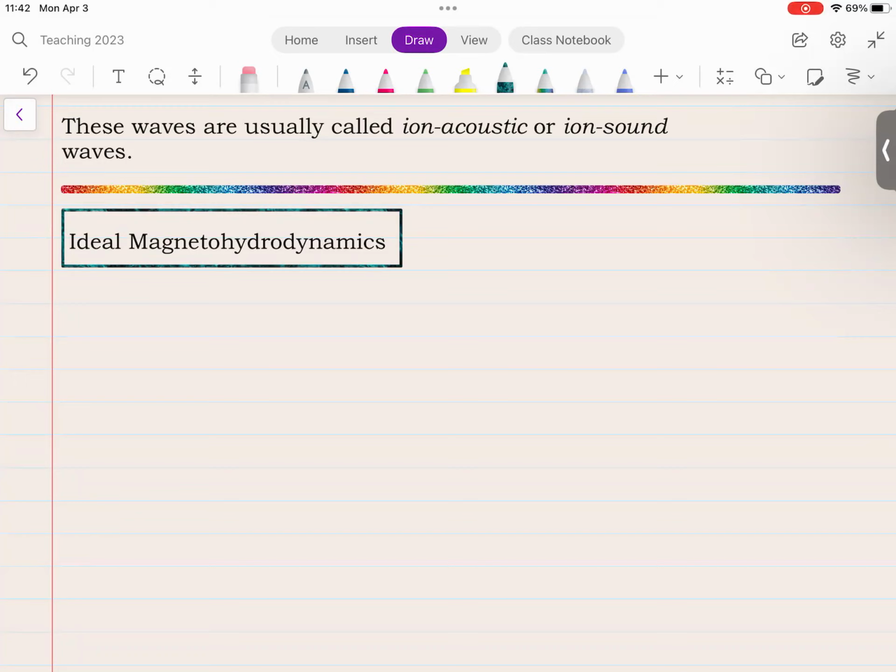The first is a definition for mass density. I should mention MHD is a single fluid model.